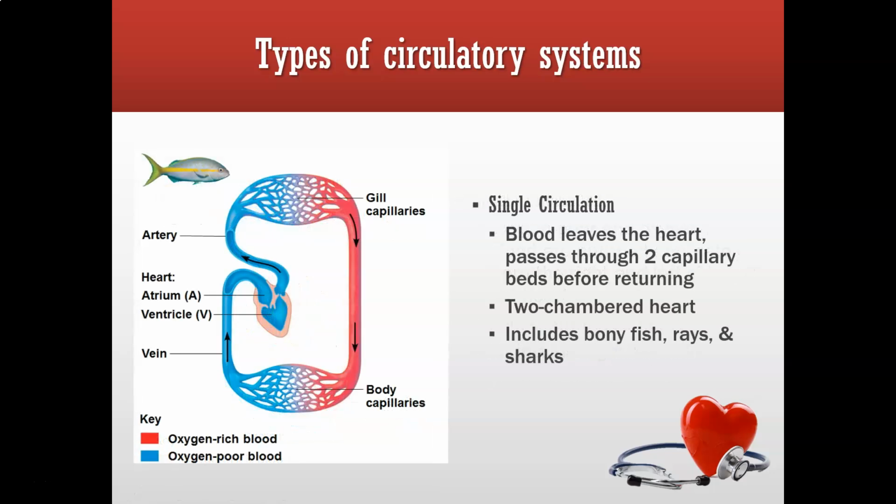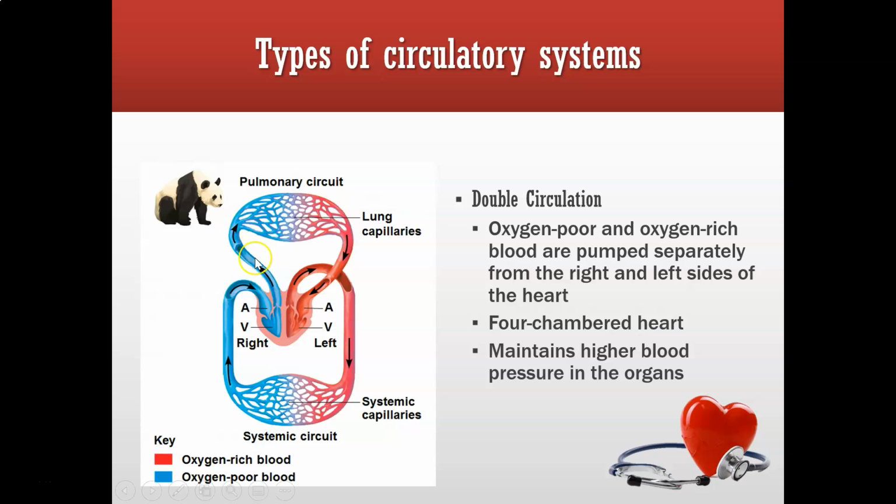Okay, so take a look at the difference again. Single circuit goes directly from the gas exchange organ, in this case gills, directly to the body and then to the heart. When I look at a double system, we go from the heart to the lungs, back to the heart, then out to the body, and then back to the heart again.